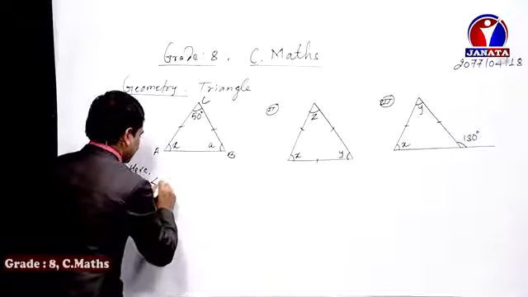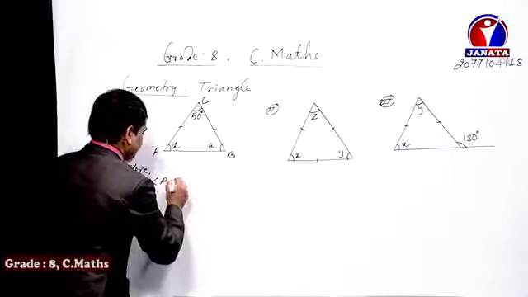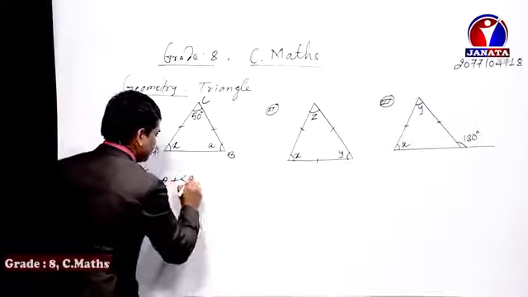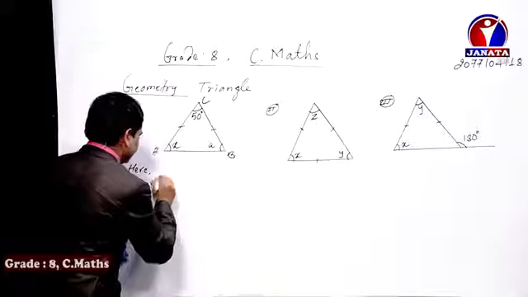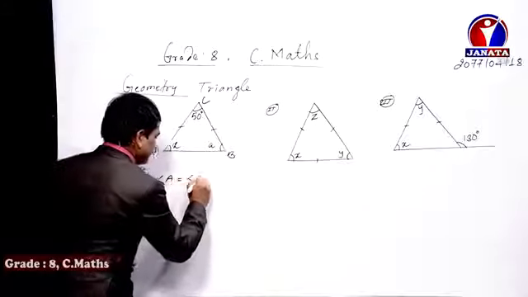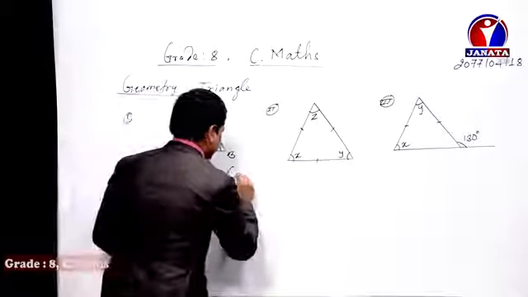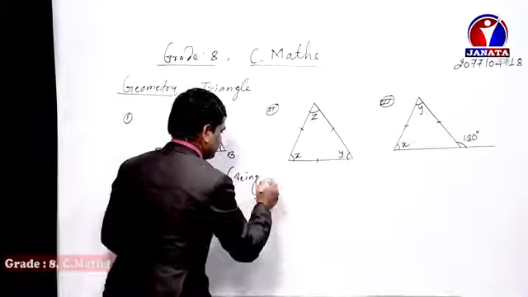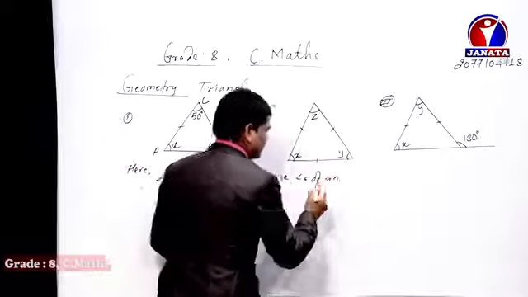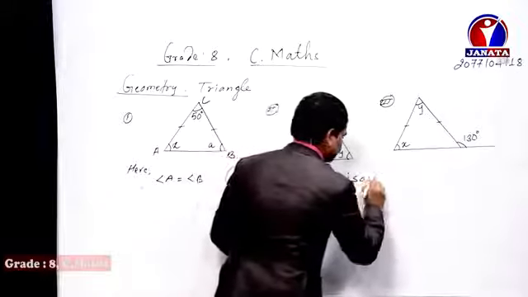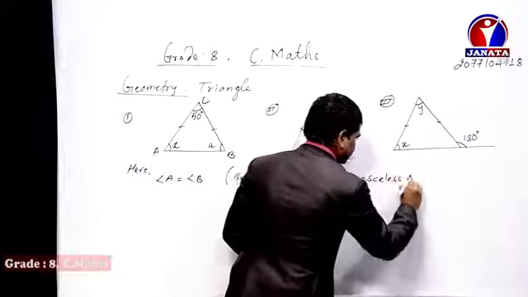First of all let's start by making the base angles equal. Angle A equals angle B. The reason is base angles of an isosceles triangle.